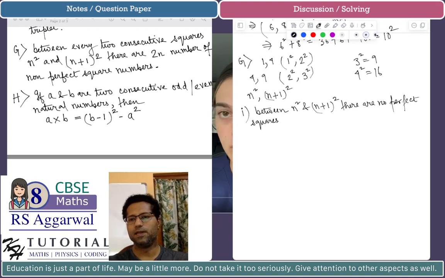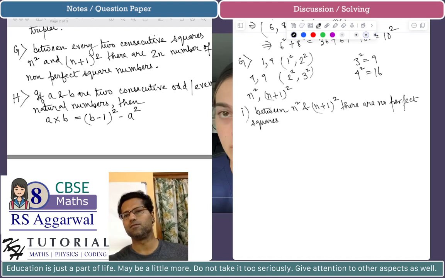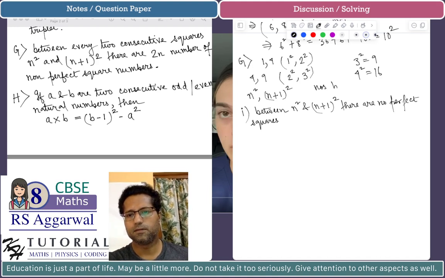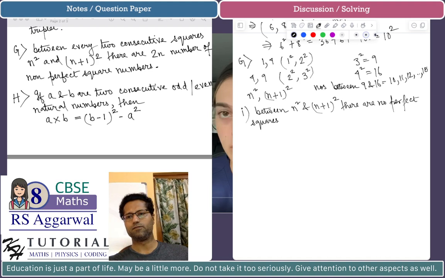The numbers between 9 and 16 are 10, 11, 12, 13, 14, 15.